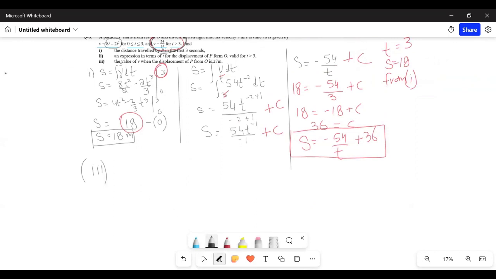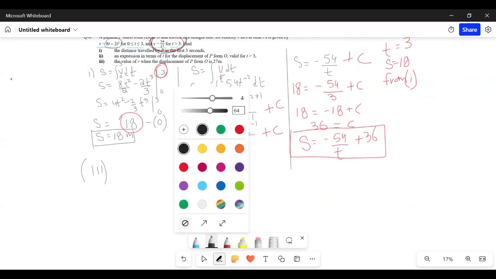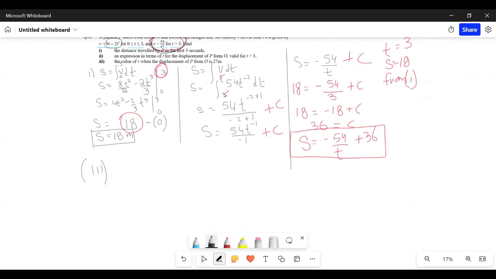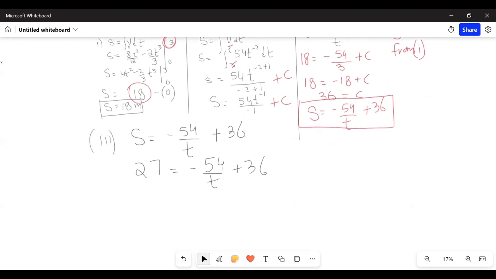Okay, so we know that S came out to be minus 54 upon t plus 36. Okay. Find the value of V when this displacement is 27. तो पहले इधर 27 लिख लेते हैं. 27 is equals to minus 54 upon t plus 36. So subtract 36 from 27. 27 minus 36 is minus 9.